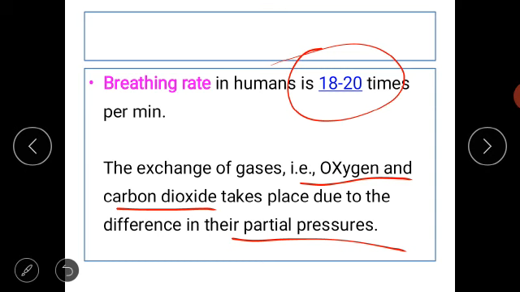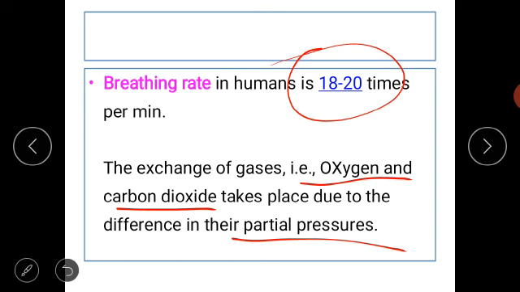When we inhale air inside our lungs, the body absorbs the oxygen from the air and supplies it, and when all the oxygen is absorbed and utilized by the cells, there is a lower concentration of oxygen. So in that case, what happens? Carbon dioxide is released by the cell and it is released out of the body.